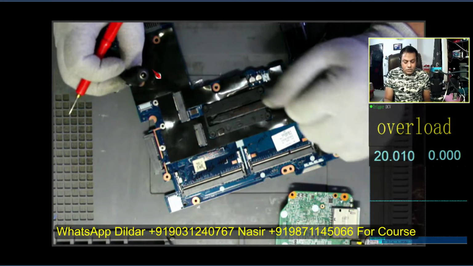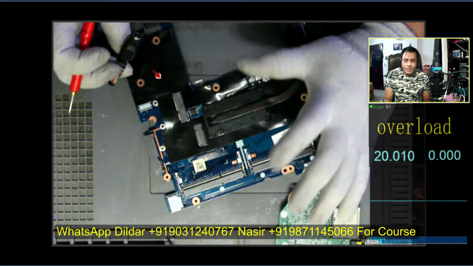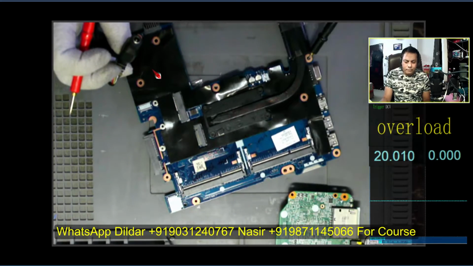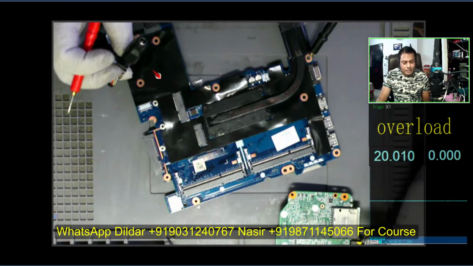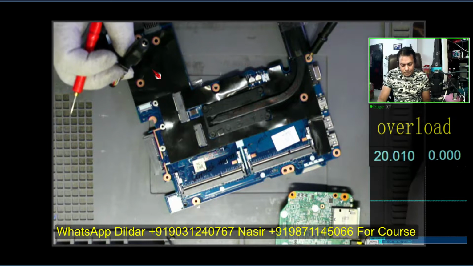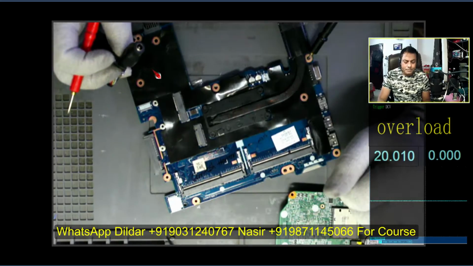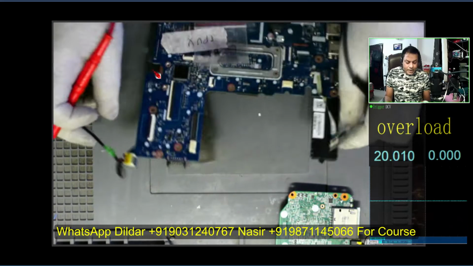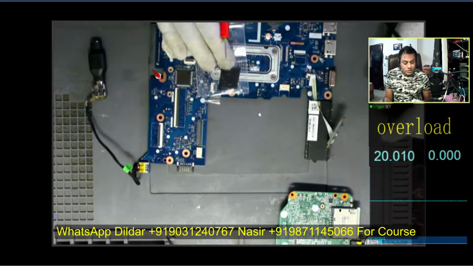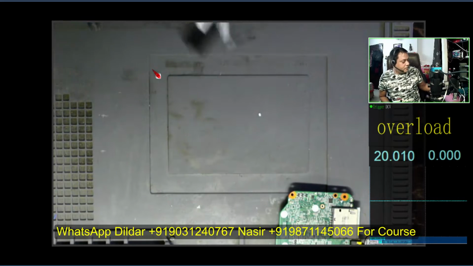I'm giving you this clue about the DC jack light blinking in the HP, because various types of reasons cause this on-off, the DC jack light keeps on blinking all the time. Sometimes a 19 volt short could cause it, sometimes a bad SIO could cause it, and here you can see that RTC failure is being caused by continuous rapid DC jack on-off.